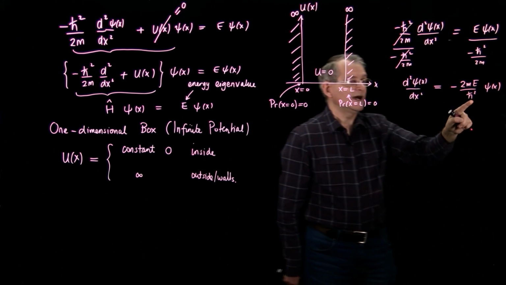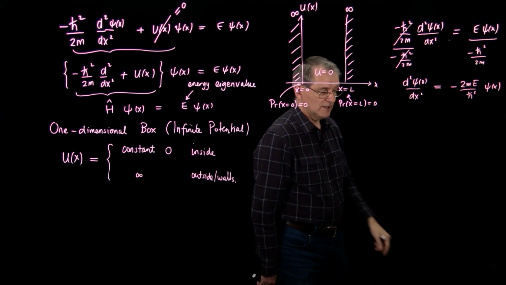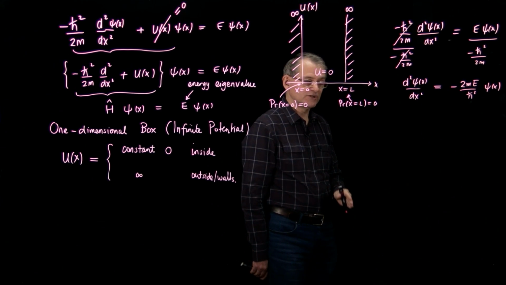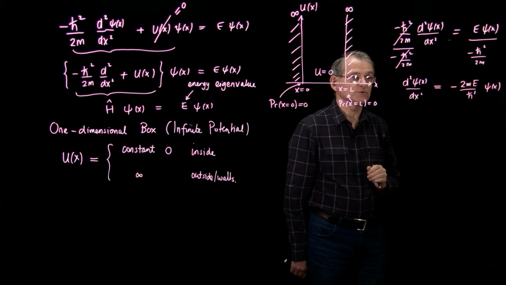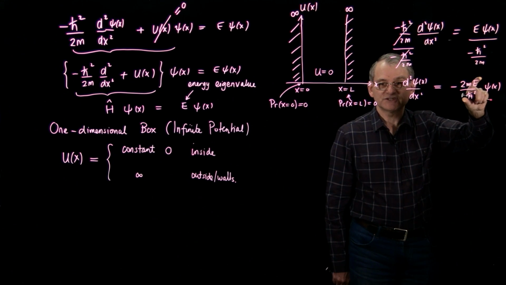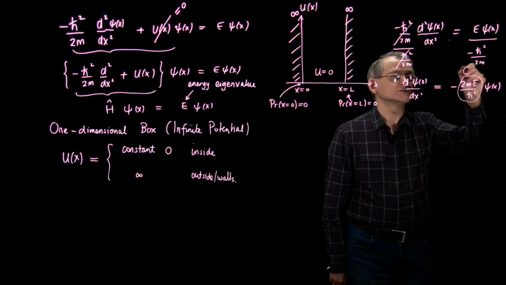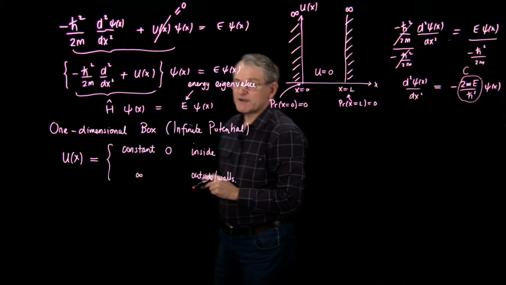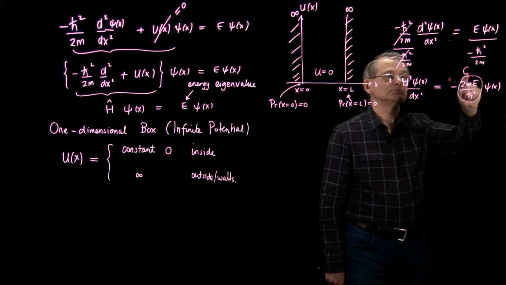Now, h bar is a constant, m is a constant, and E will be at a particular energy, and we'll see that there'll be a number of energies, each characterized by an integer, the principal quantum number. So this combination for any particular state, stationary state or eigenstate, will just be a constant. So I'll write this equal to a constant. Now, for mathematical convenience, I choose to write this not as just a constant, but a constant squared.